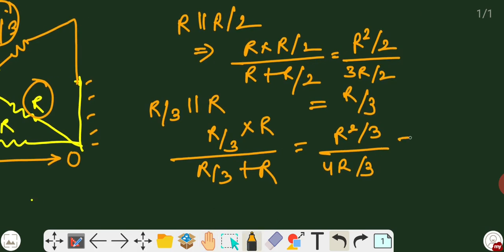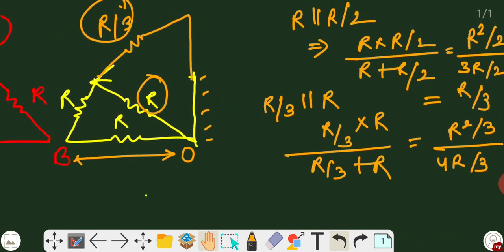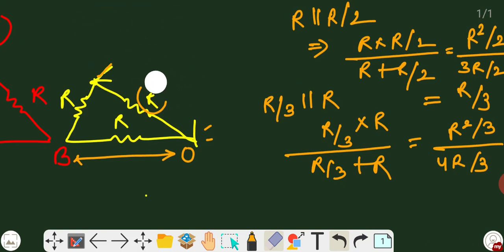So finally you will be getting R upon 4. Now just delete this branch, and finally you get this R by 4.